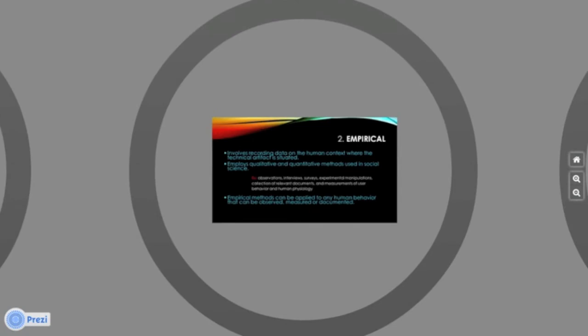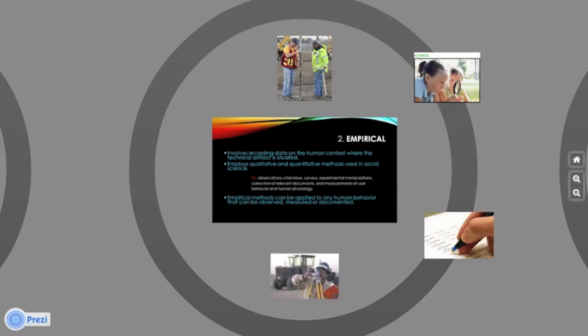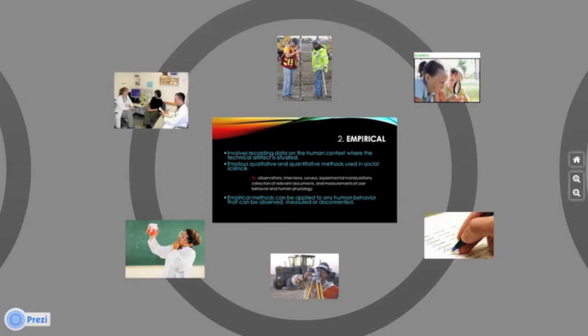The next type of investigation in value-sensitive design's unique tripartite methodology focuses on observation. Empirical investigations involve collecting data on human interaction with the technical artifact. Many methods used in the social sciences can be applied here, both qualitative and quantitative. A few examples include written observations, interviews, and surveys.